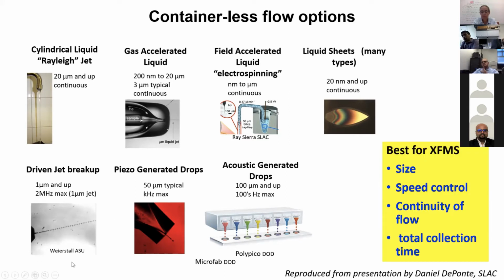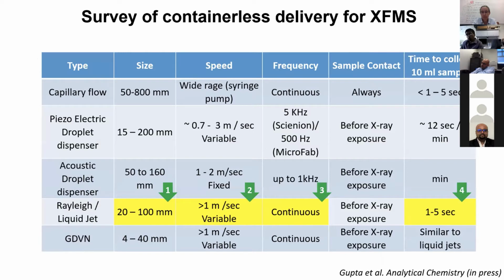So this is the four-point list of what is best for XSMS. We need a small, tiny size. We need precise speed control to get a dose response. We need a continuous flow. We need a short total collection time, not too much, because if I keep the beam on, the sample damage will come back. So overall, when we did the survey, we found that the Rayleigh liquid jet is the best for our effort.